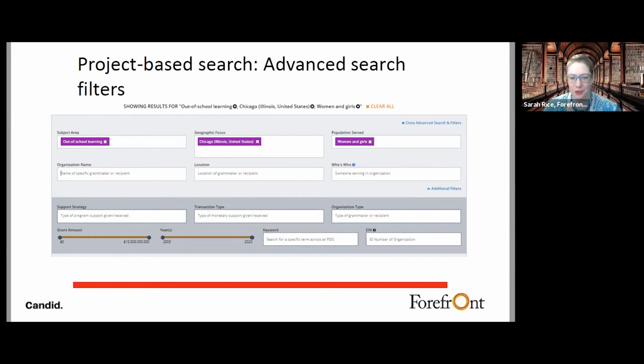So geographic focus is where you're doing your work. Again, you can go small or you can go broad. Another reason to go broader than your specific area might just be to look for funders who say they want to fund in your area but haven't yet.